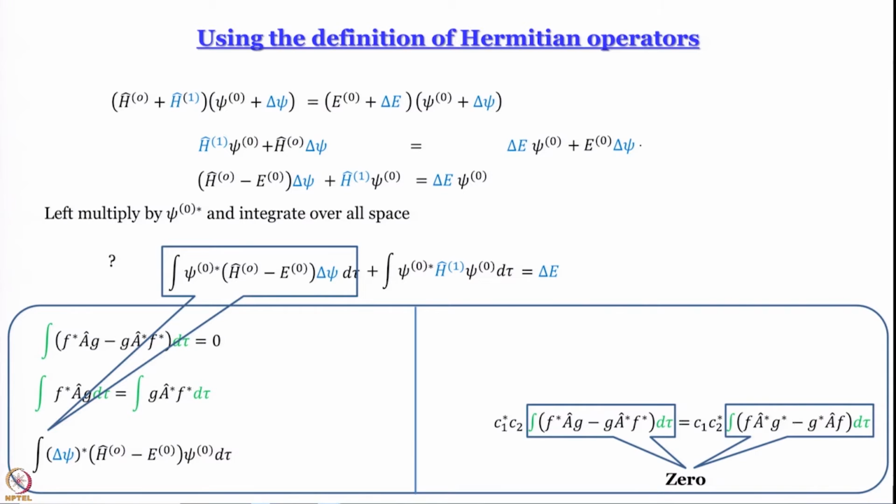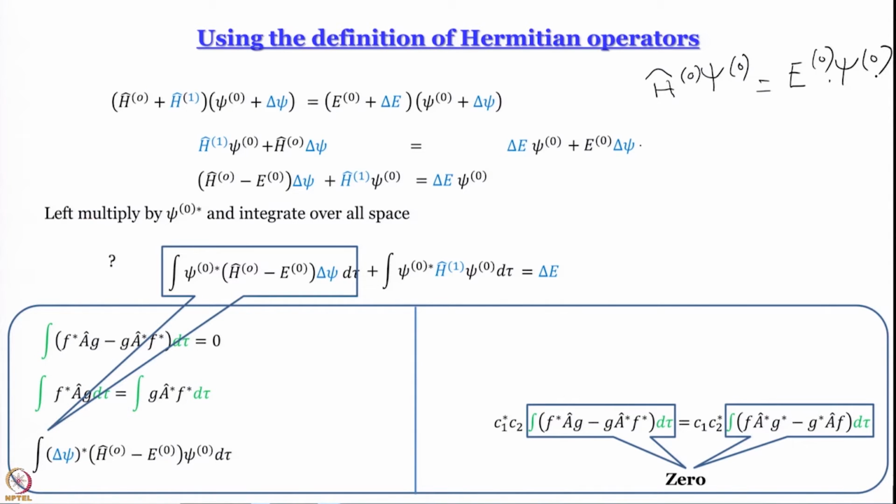I can find the eigenvalue and I can do it fairly easily. Remember the Schrodinger equation for the unperturbed system: the unperturbed Hamiltonian operating on the unperturbed wave function gives us the energy of the unperturbed system multiplied by the unperturbed wave function.